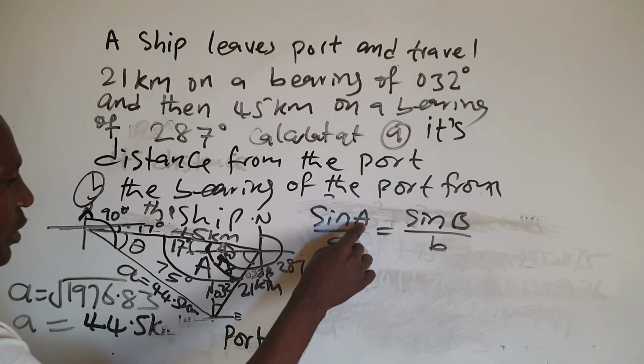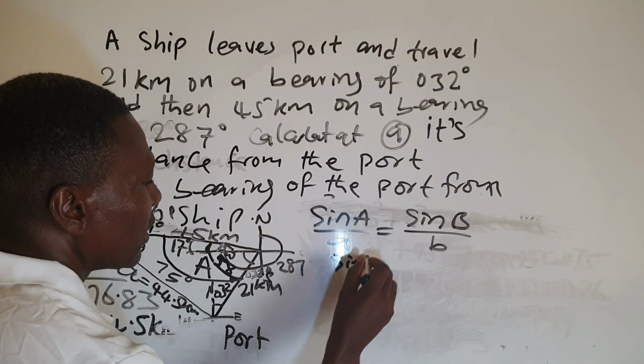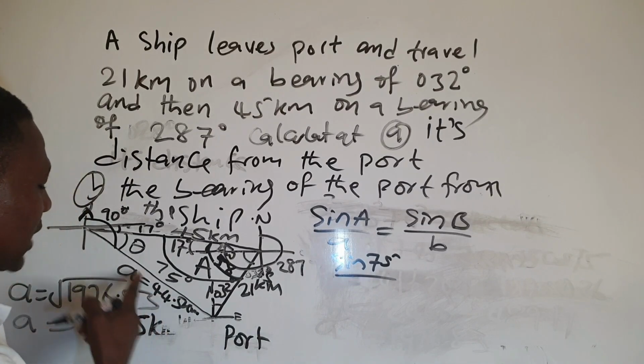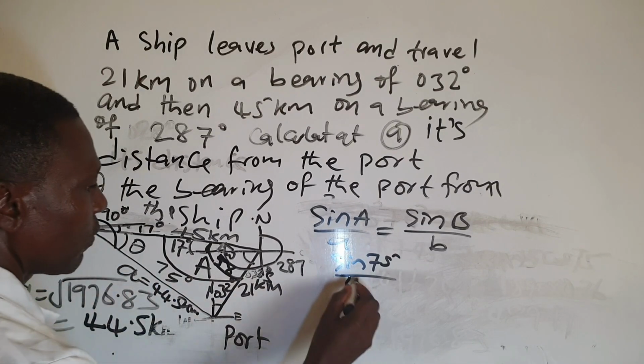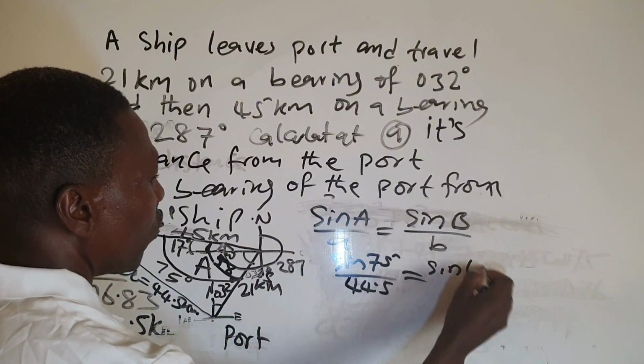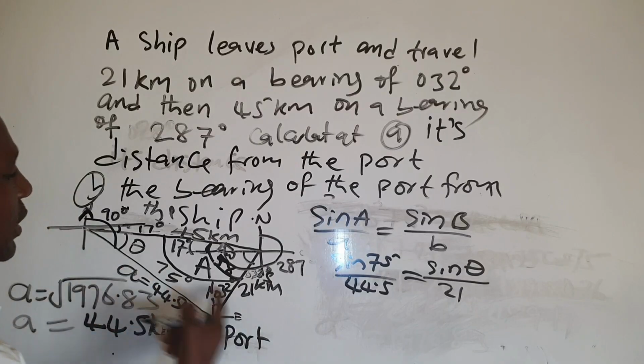So sine theta is the angle opposite here, which is sine 75 over the side of it, which is 44.5, equals to sine B, the one we are looking for, all over 21. The side facing it is 21.